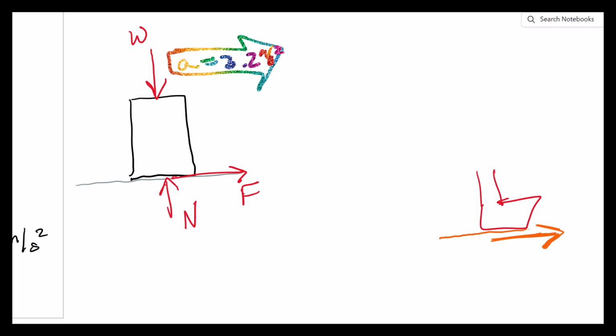If I'm running, I don't know how to describe this better. I run, I hit the ground, and then my foot is like, hopefully, if I'm trying to go forward, my shoe grabs the ground. My shoe grabs the ground with friction so that I can go forward.